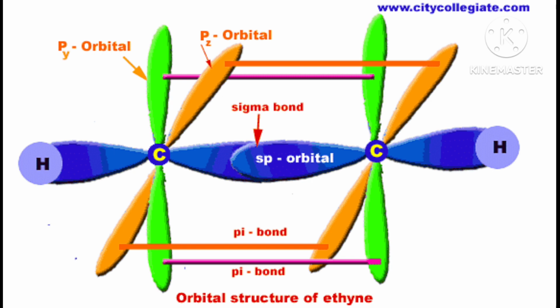Both bonds of the double bond will break. Then both carbons will have 2 electrons. Correct?